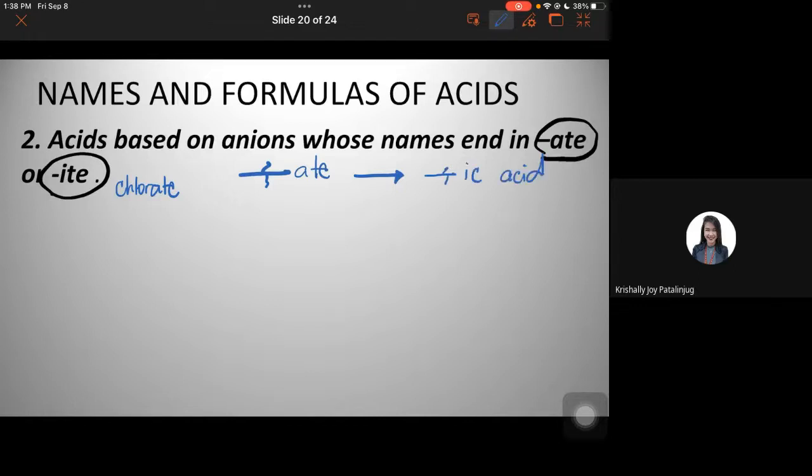That's it. No more prefix is added. The hydro prefix is only applicable for anions ending in ide.